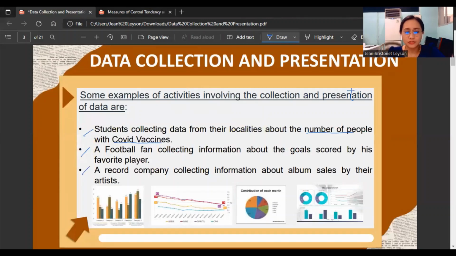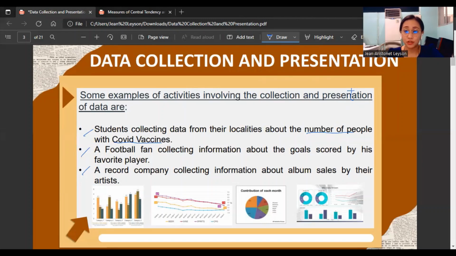Third one is a record company collecting information about album sales by their artists. This is done by a certain company so that they will know whether the album is giving them more sales. This can be done by assigning some employees to collect this information.